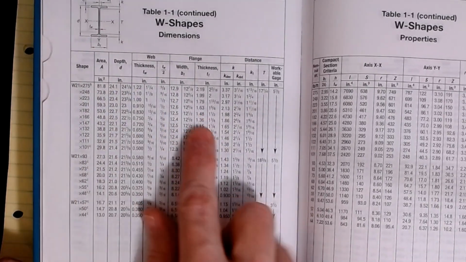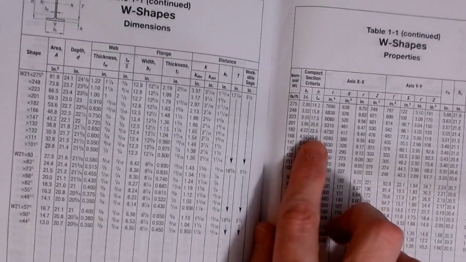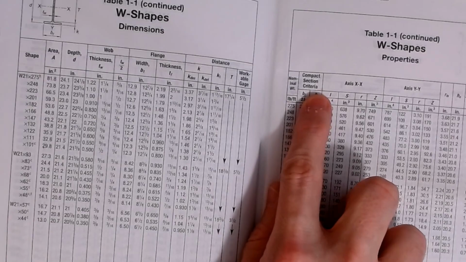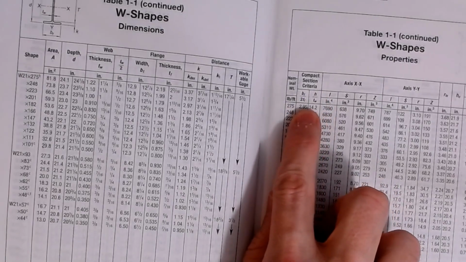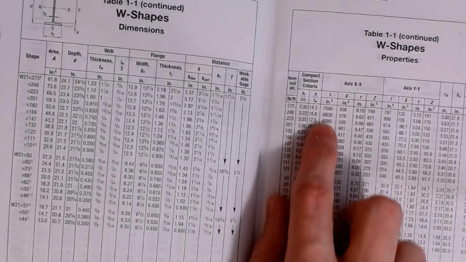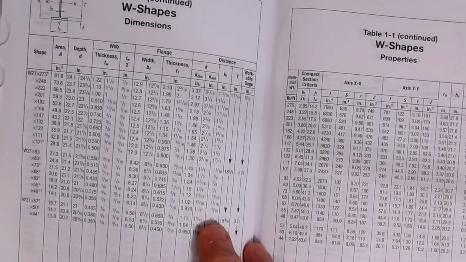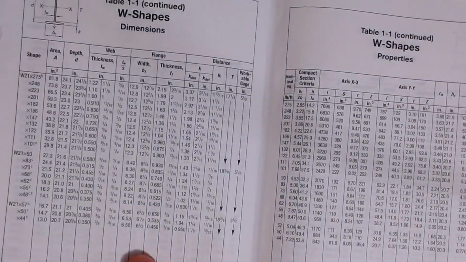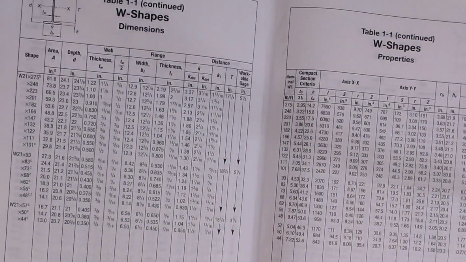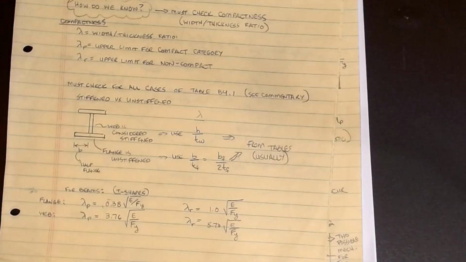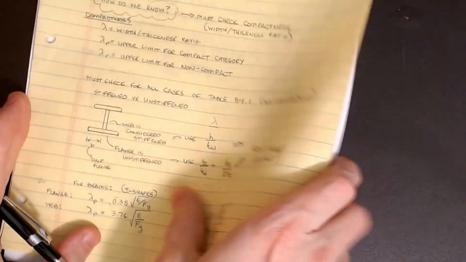Or if you look on the second page, right here, these are the compact section criteria, and they've done the calculations for you. So bf over 2tf and h over tw, they tallied those values for every shape for the compactness criteria. And so these are your lambda parameters. So we'll check the web, and then we'll check the flanges, and best beam wins.